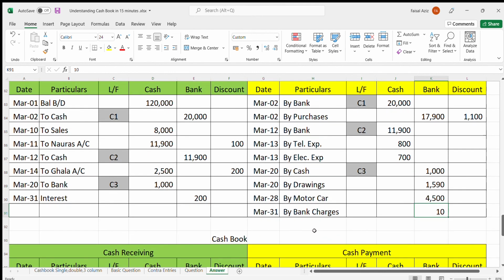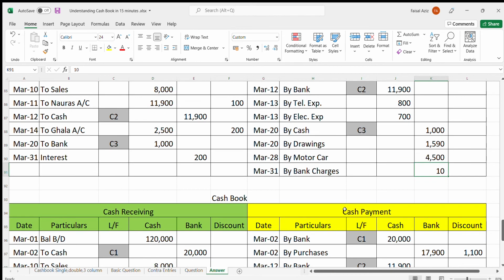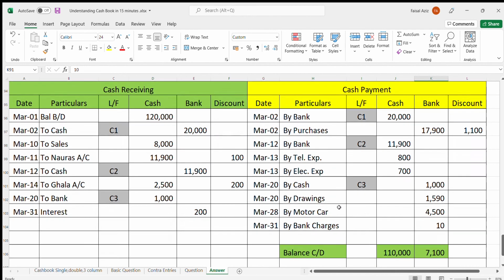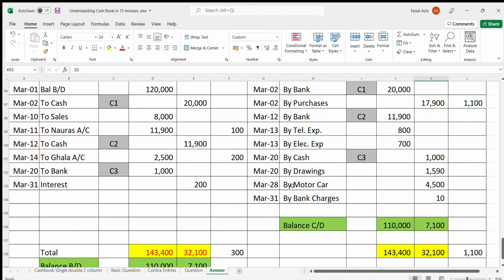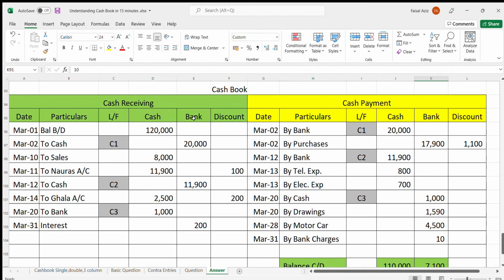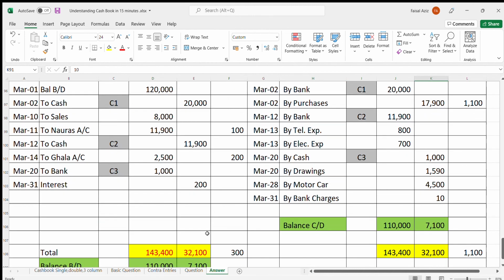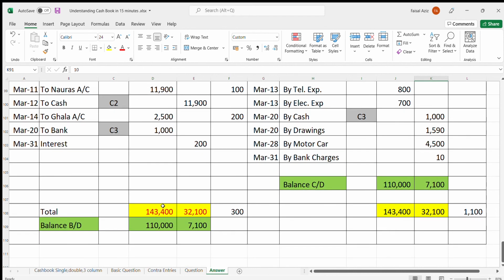Now viewers, after completing all these transactions, the cash book will look like this. So what we will do, we will calculate the sum total of the cash column and the sum total of the bank column. As you can see, the total sum of cash is 143,400 and total cash in the bank is 32,100.